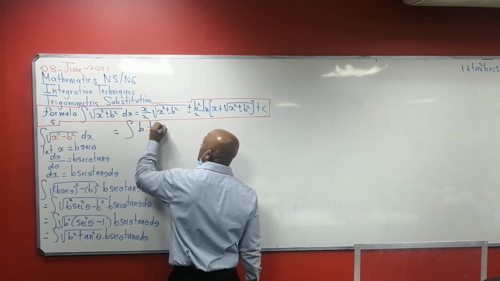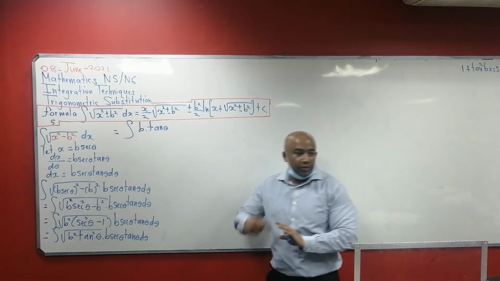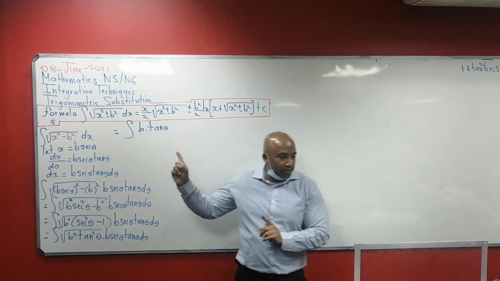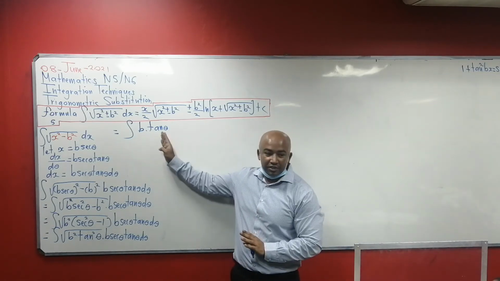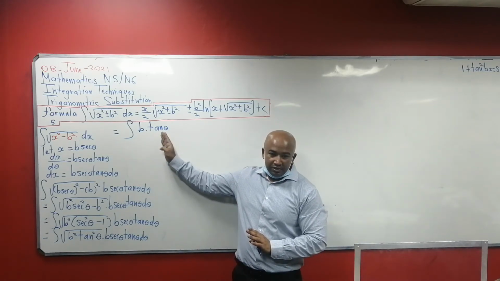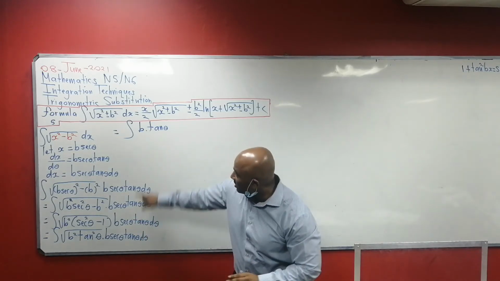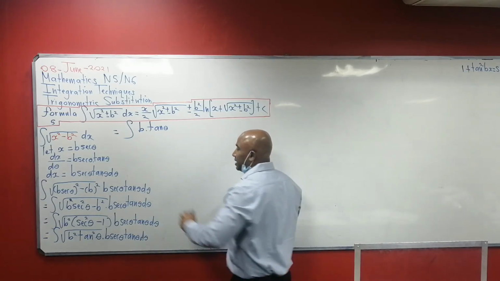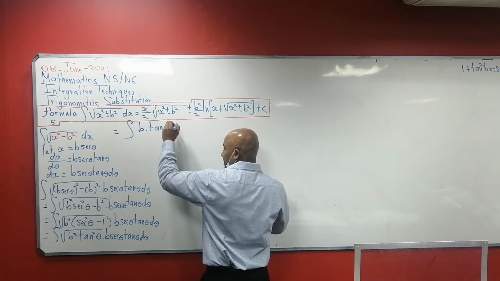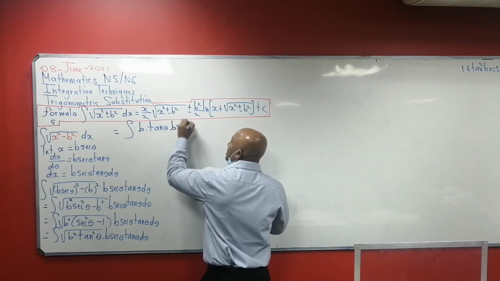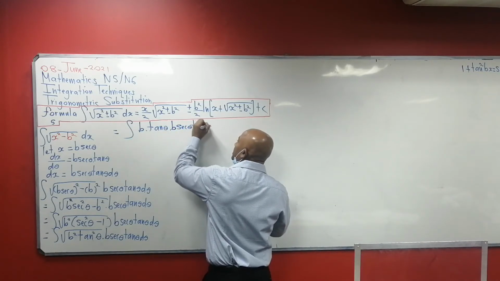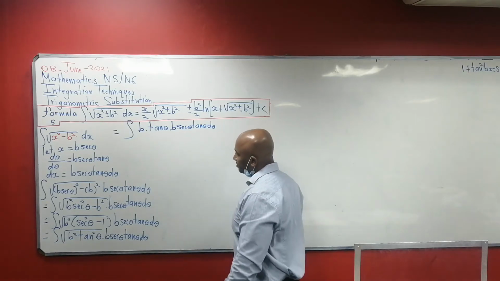There's two possibilities, because when you square a negative and you square a positive, you get a positive, but we're only taking the positive here for deriving the formula. Alright, so now the square root of tan squared will be tan there times b sec theta tan theta d theta.